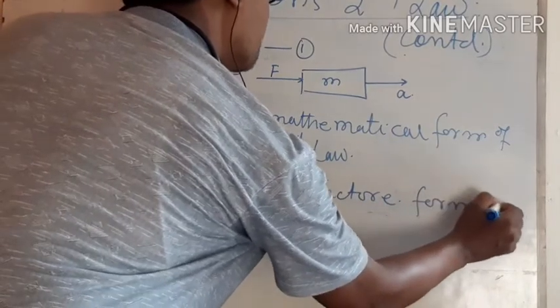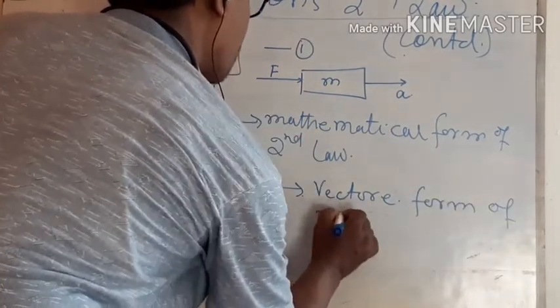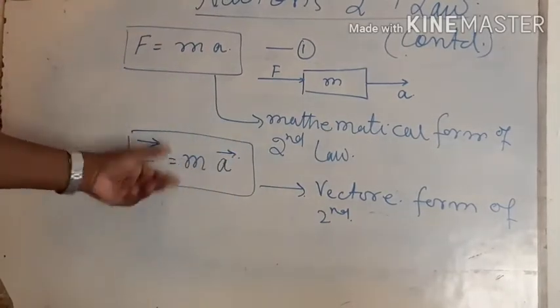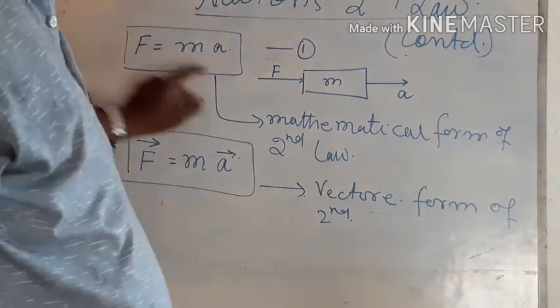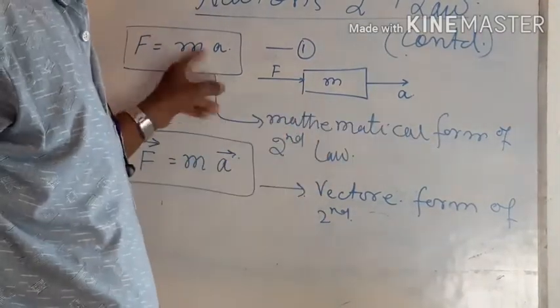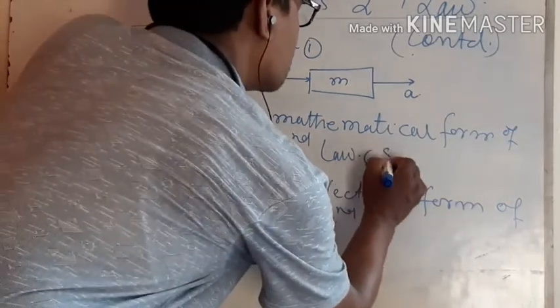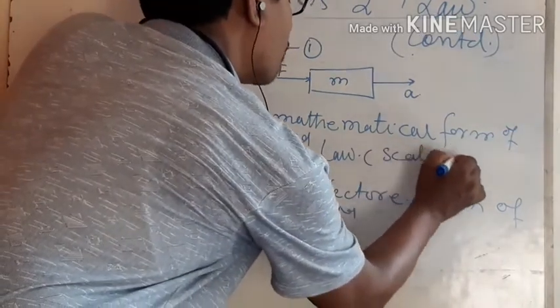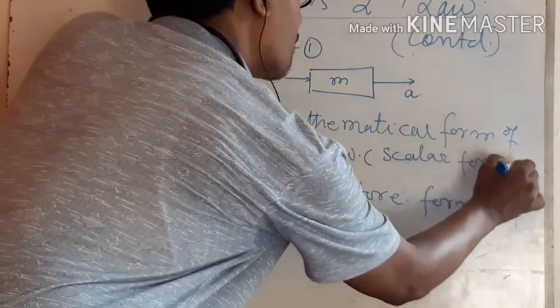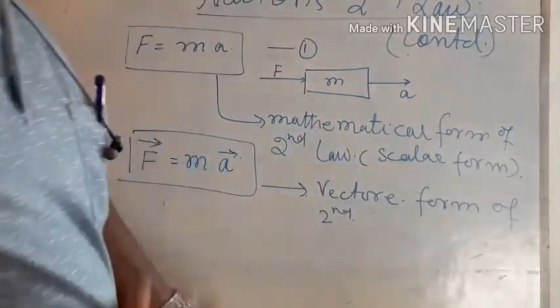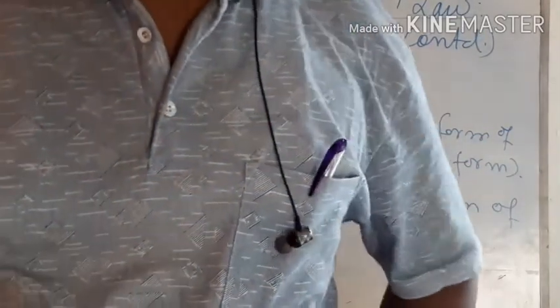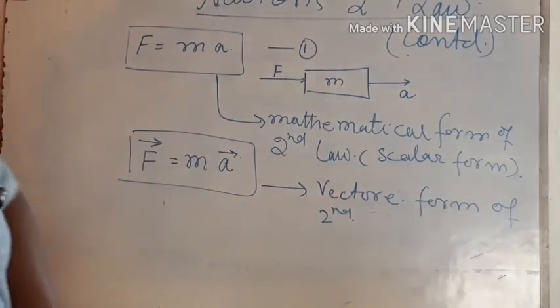of the second law. This is also the second law, but in vector form, and this is also the mathematical form of the second law, but it is in scalar form. Scalar and vector, you know the difference. The quantity having only magnitude is called a scalar.